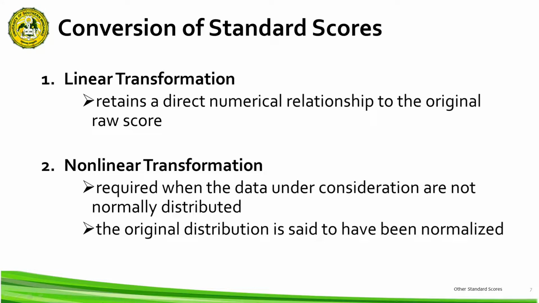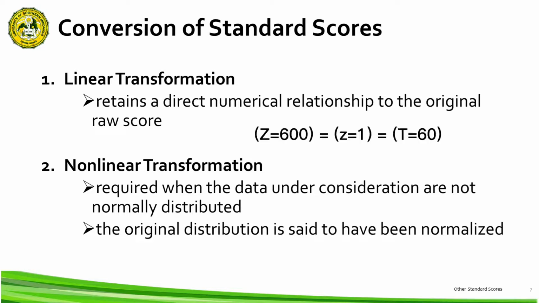The difference between corresponding raw scores is paralleled by the magnitude of differences between the standard scores. Say for instance, the creators of the SAT did a second linear transformation on their data to convert z-scores into a new scale that has a mean of 500 and a standard deviation of 100.